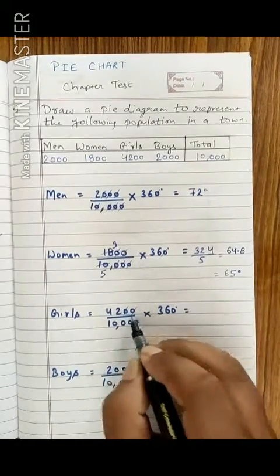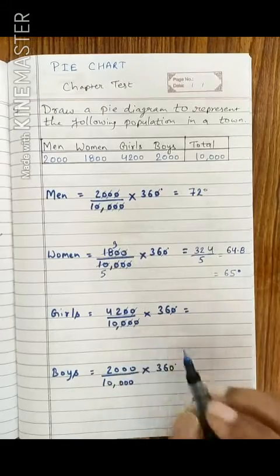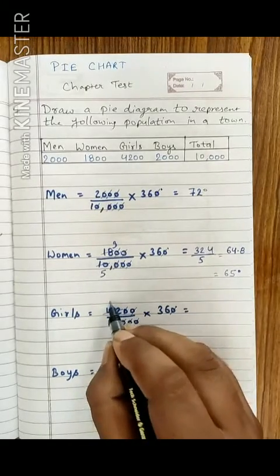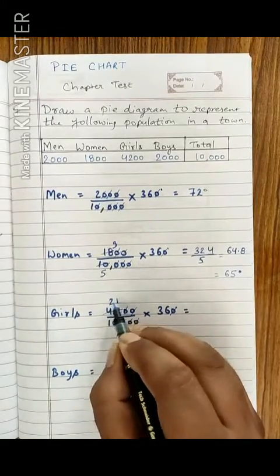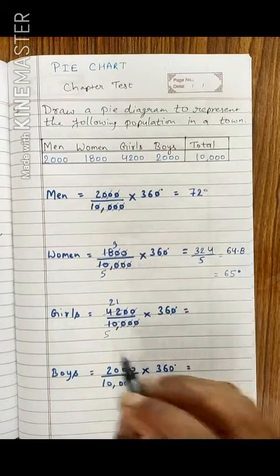Next we have 3 zeros here in the numerator and 3 in the denominator. Now 2 21s is 42, 2 5s is 10.